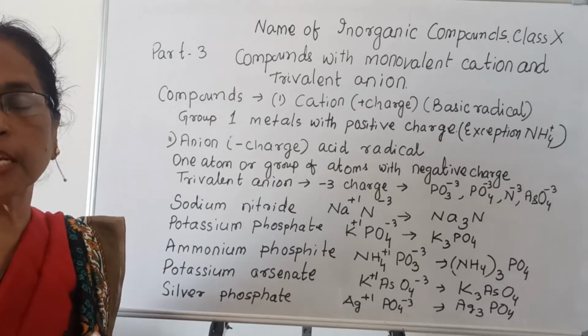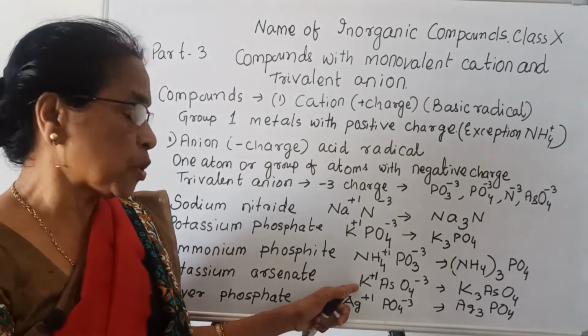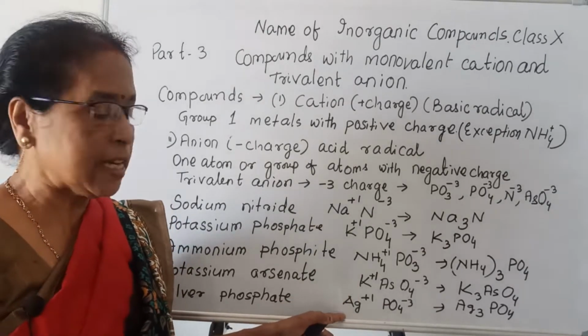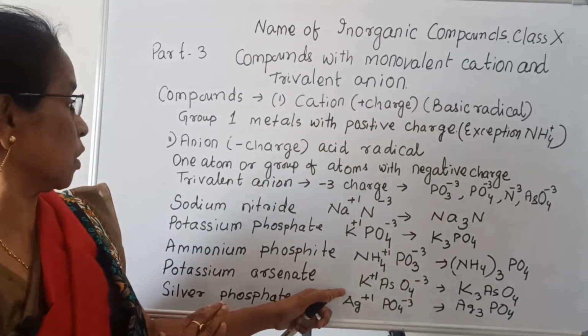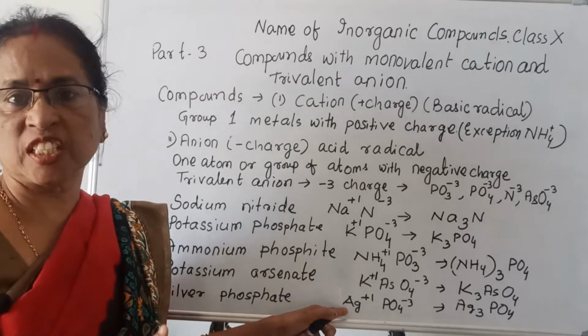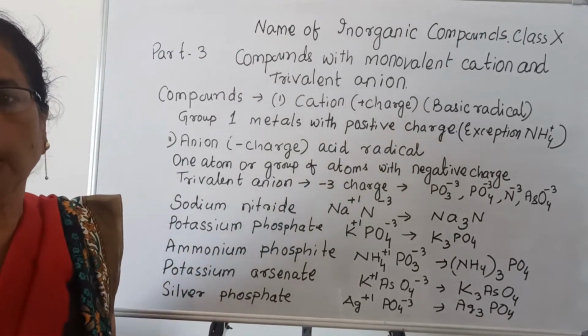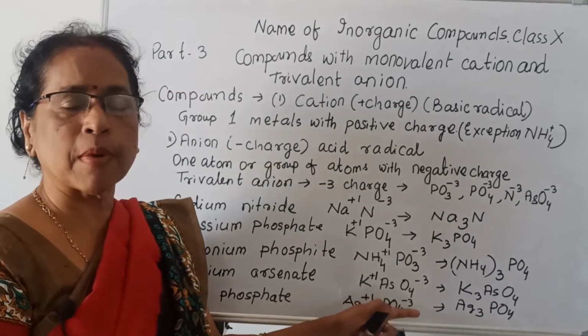And similarly silver phosphate. What is meant by silver phosphate? You know silver is Ag plus 1. I told you in the previous video silver is Ag and the charge is plus 1. Though it does not belong to the first group, it belongs to the transition metal group. But you should remember silver is plus 1. So Ag plus 1, PO4 minus 3.